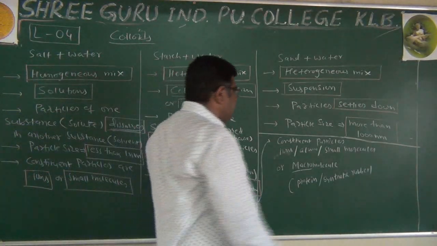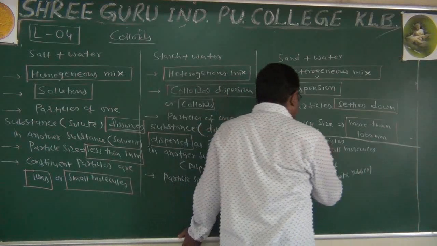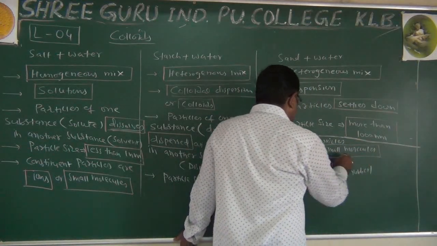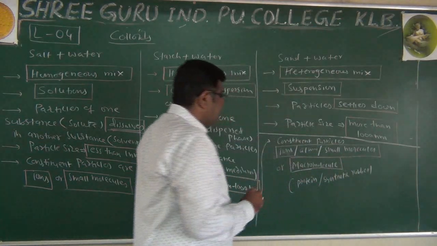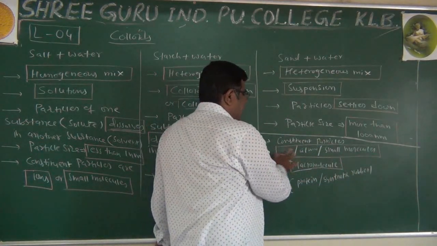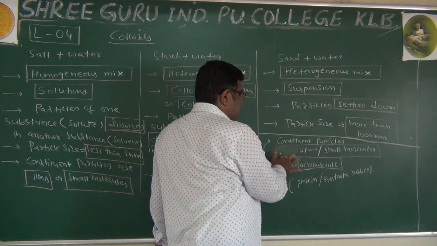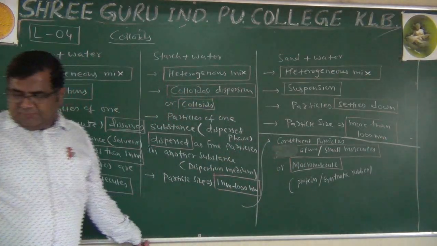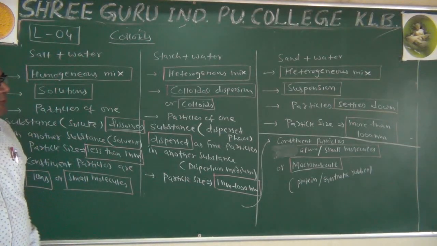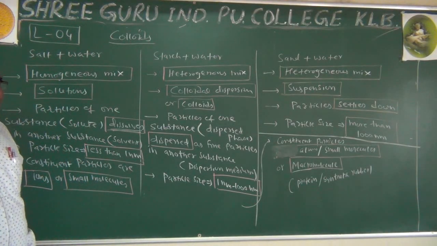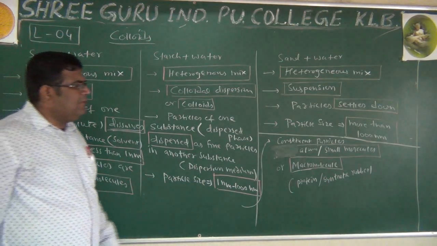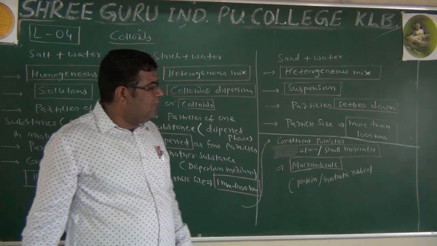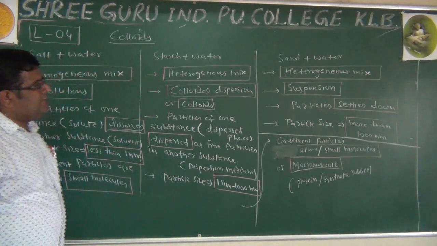And constituent particles are either ions, atoms, small molecules, or macromolecules. In fact, ions are not present here because if an ionic substance is there, then it forms a solution only, because hydration energy and lattice energy are involved here. Atoms or small molecules or macromolecules are the constituent particles.